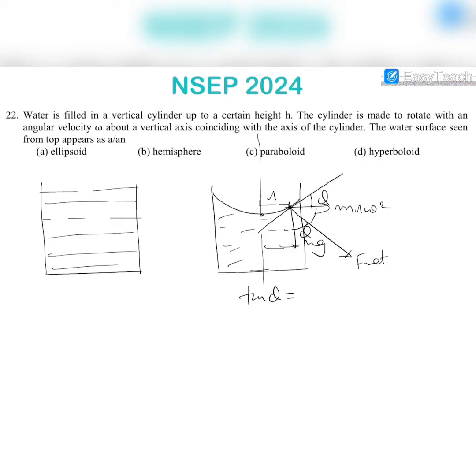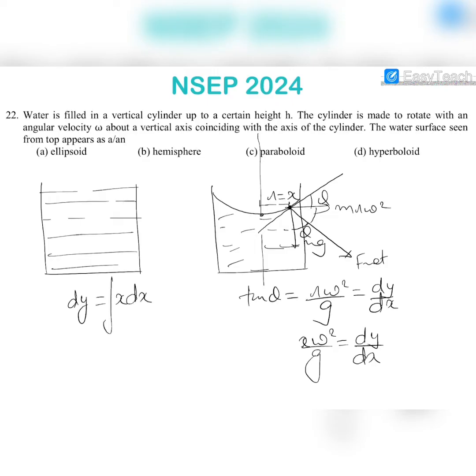So tan theta will be equal to r omega square by g, and tan theta is obviously dy by dx, which is the slope, and x is r, so x omega square by g is dy by dx, and dy will be equal to x dx integration into omega square by g, and the limit of x will be from 0 to x and 0 to y. So y will be equal to x square omega square by 2g.